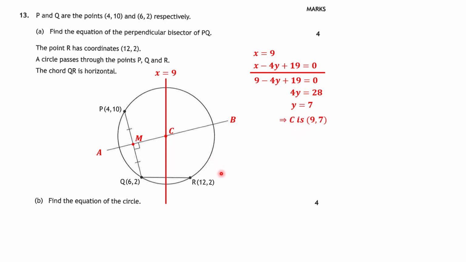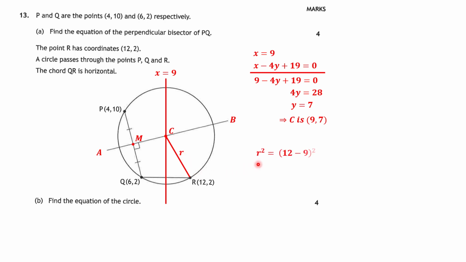Now we need to find the radius. You could go from here to here, or from here to here, but I'm going to go from here to here. And there's the radius. We just need to find the radius squared, because that's what we use in the equation of a circle.